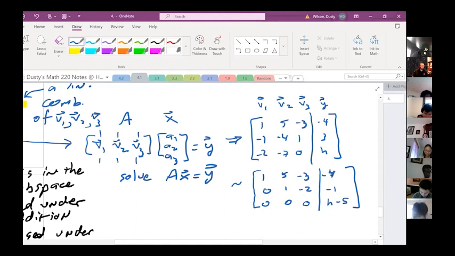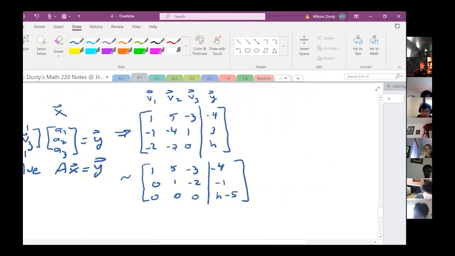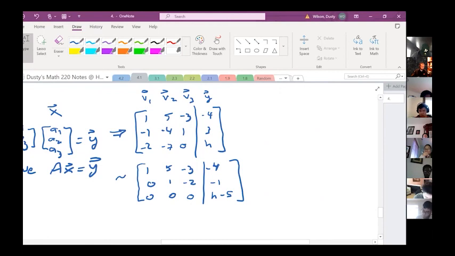So the question is asking us, for what values of h will y be in the subspace. First of all, what's the answer to the question? Yeah, from Croy and Ben. We need it to be consistent, like Abed said. So we need the system consistent.